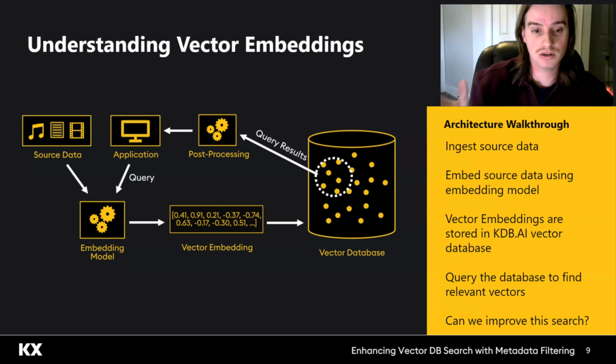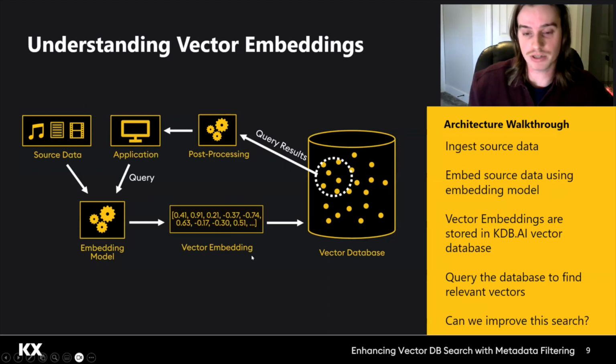Once we have our vector embedding of our data, we just store that in the vector database. And when we have all these vectors stored in our vector database, we're able to do highly effective similarity searches.